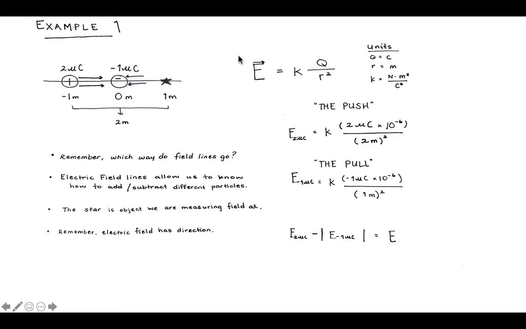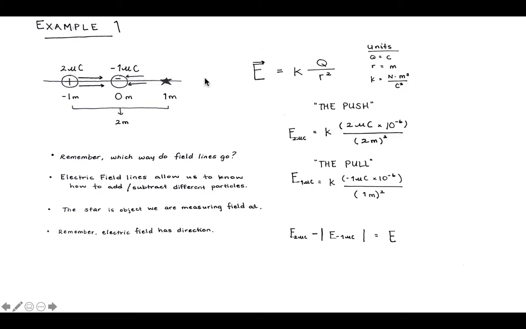I'm going to plug the charge into our equation to see what the electric field will be for each of these particles. So I plug it in, I make sure it's in coulombs, not microcoulombs, by multiplying it by 10 to the negative 6th. Remember, it's squared, the distance squared. Okay, so I've got both my components, and I've put down here the equation. I like to visualize it. I put this in absolute value because if you think about it, they're working in opposite directions.